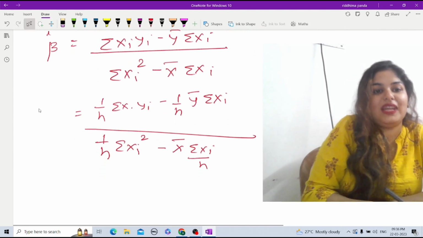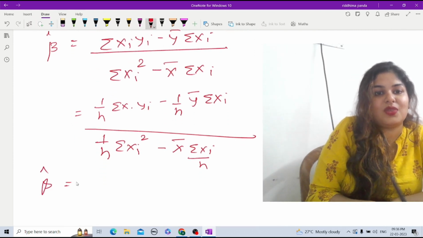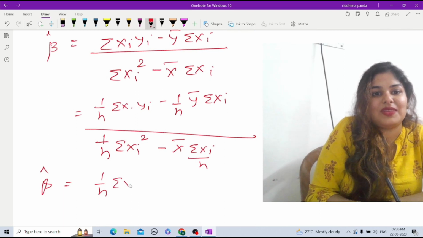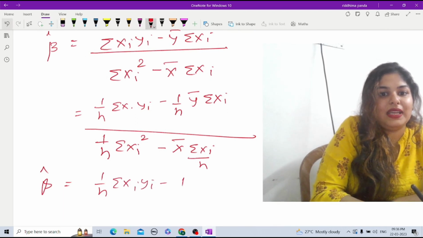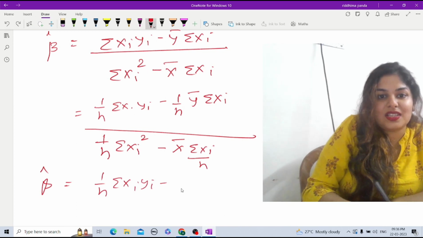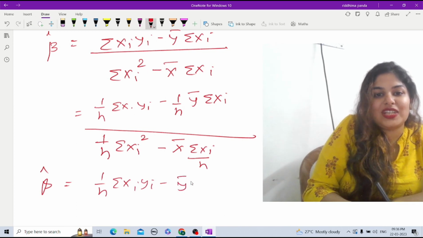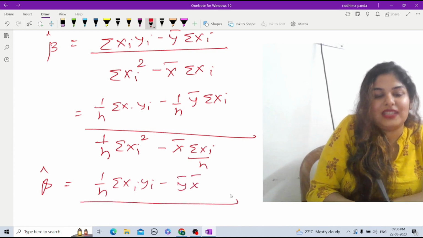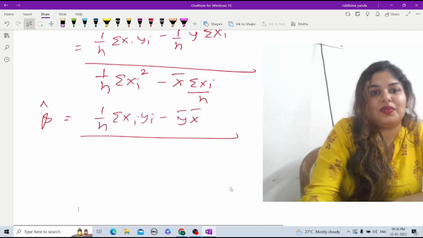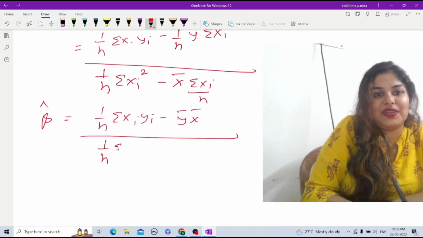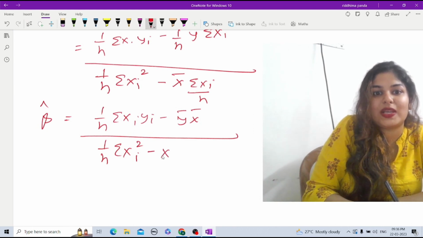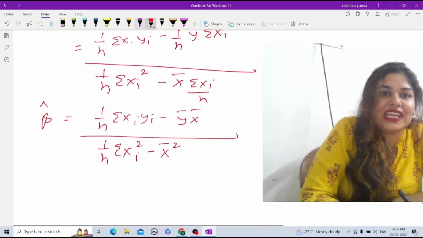So the simplified value is beta hat is equals to 1 by n summation xi yi minus, so this is y bar, and 1 by n summation xi is x bar, divided by 1 by n summation xi squared minus, this is x bar into x bar, so x bar square. So it's very clear.